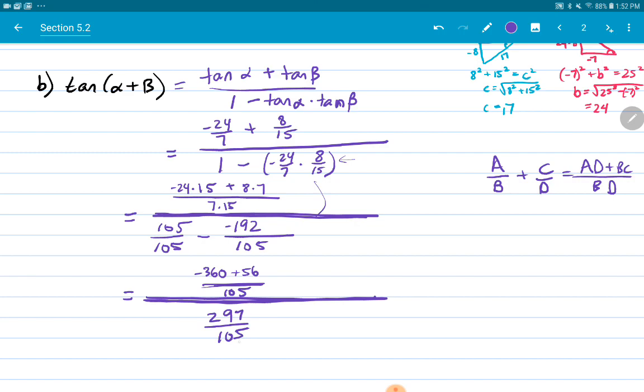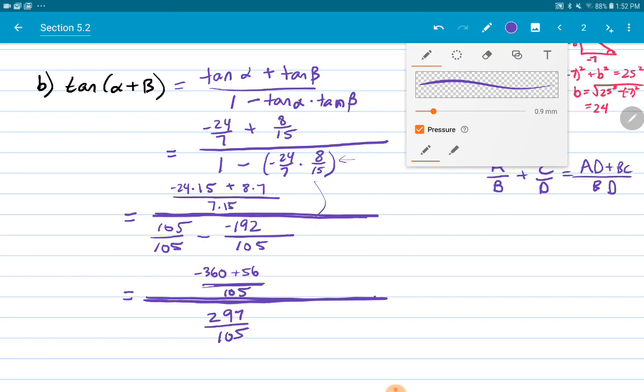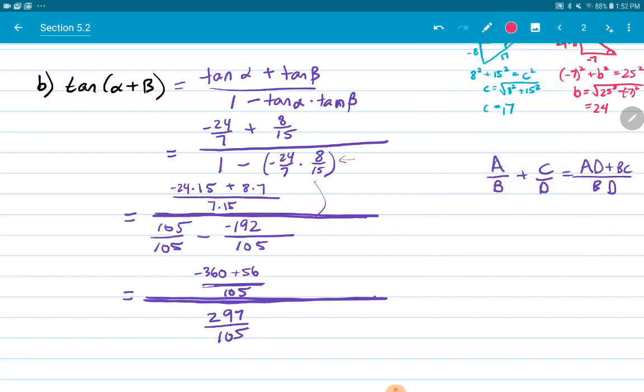Now notice I have common denominators in the numerator and denominator, this common 105. So those 105s will cancel when I flip the second and multiply. And I'm left with negative 360 plus 56 gives me negative 304 over 297. So that's my final answer for tangent of alpha plus beta: negative 304 over 297.